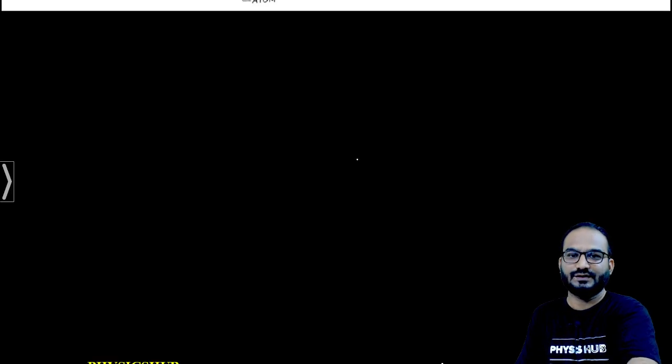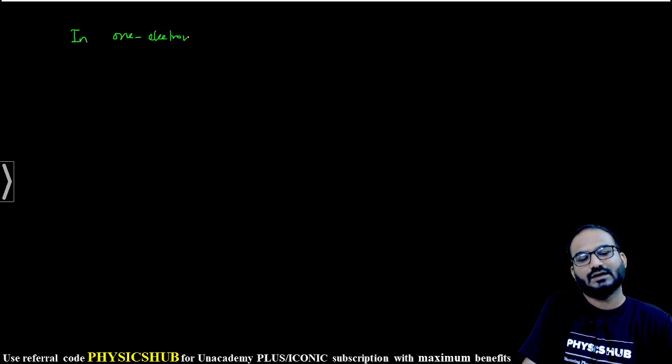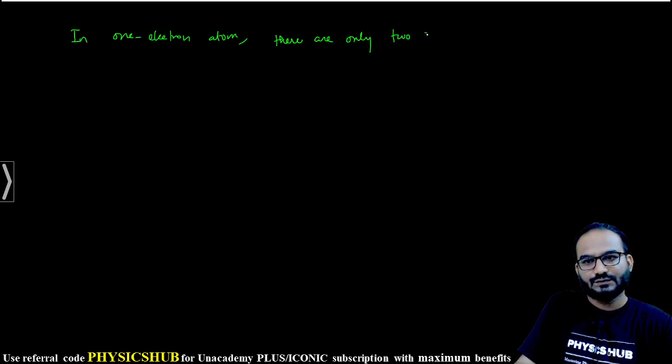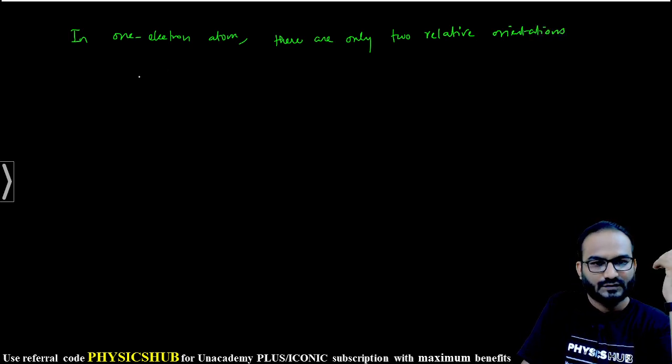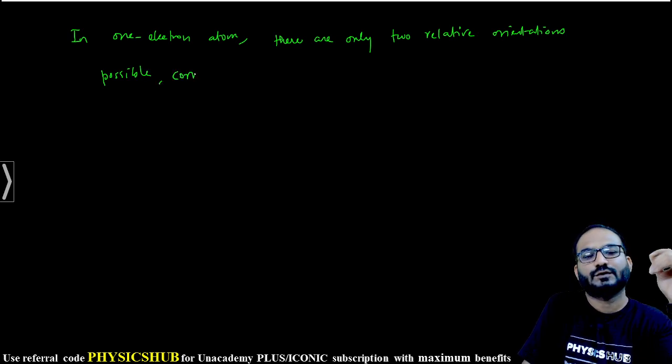For the time being, in a one electron atom there are only two relative orientations possible.